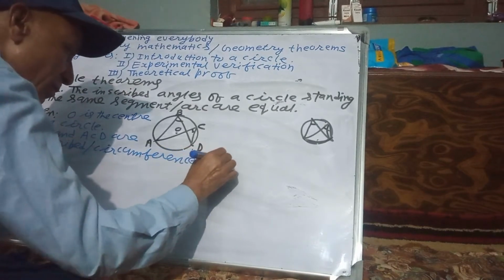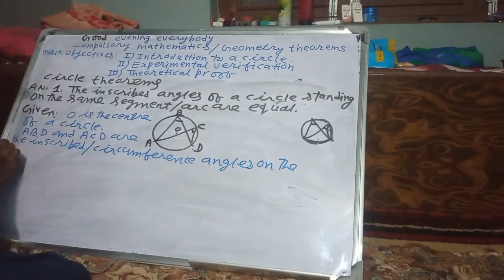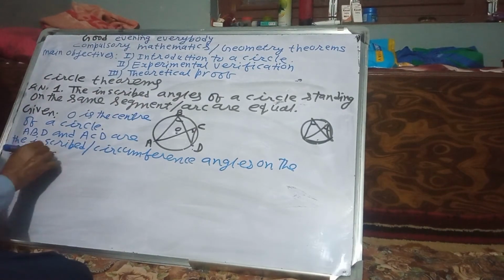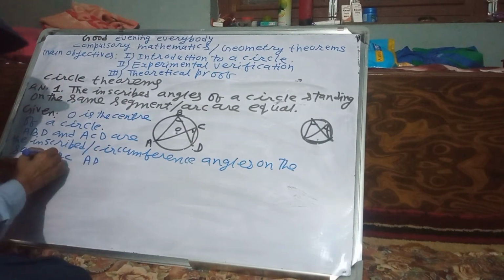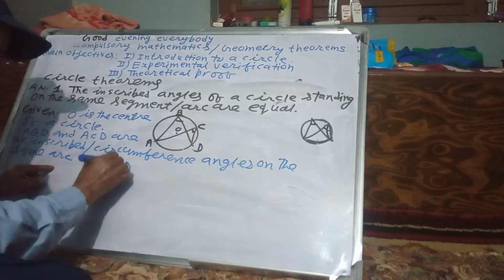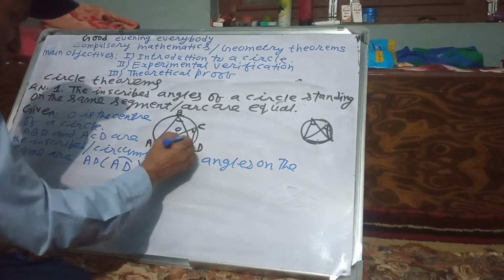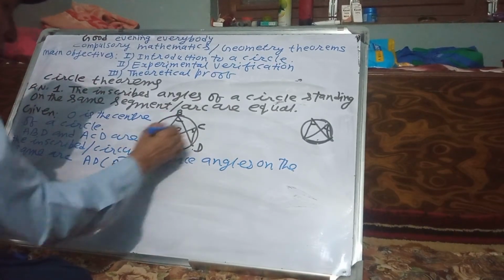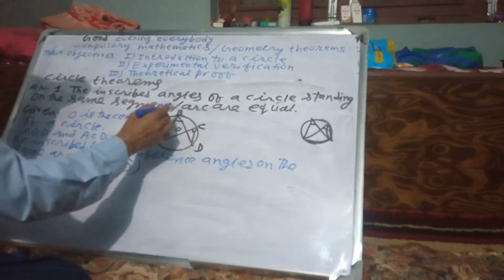Inscribed angles on the same arc. Same arc is AD, or it is also denoted by arc AD. Same arc AD makes ABD and ACD as inscribed angles or angles at the circumference.